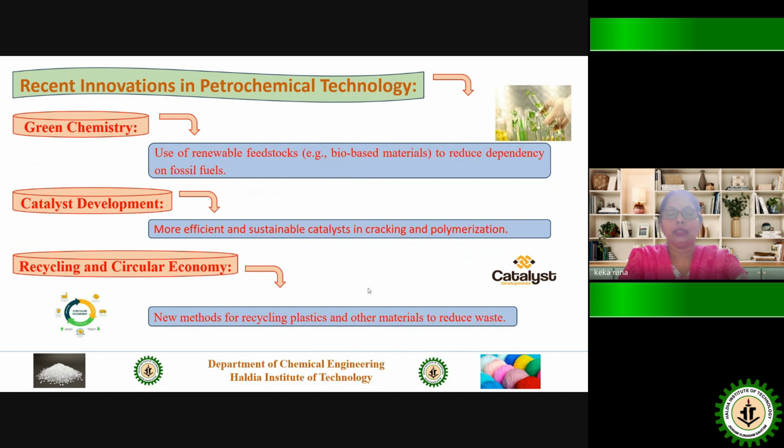Next, catalyst development. We have to prepare more efficient and sustainable catalysts in cracking and polymerization. Finally, we must think about recycling and the circular economy. New methods for recycling plastics and other materials to reduce waste are very much appreciable.